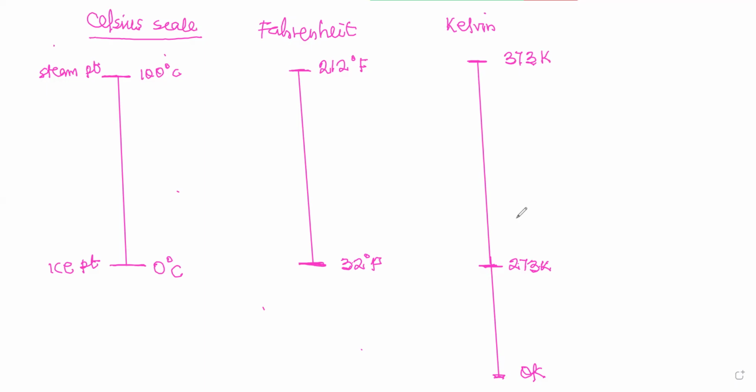It has a limit to which the temperature of a body can be reduced, and this limit is 0 K. So when a body's temperature is dropped to 0 K, there is almost zero average kinetic energy of the molecules of that substance.